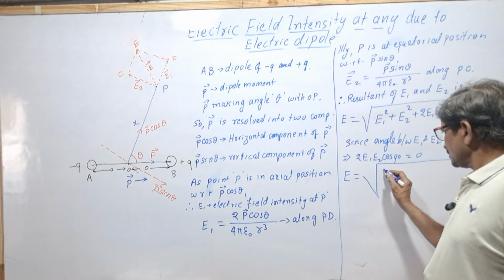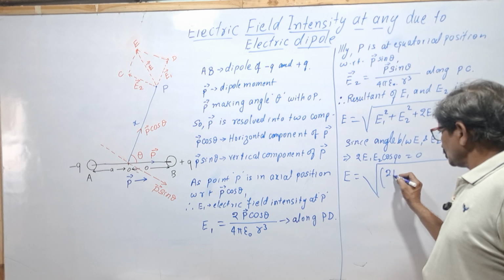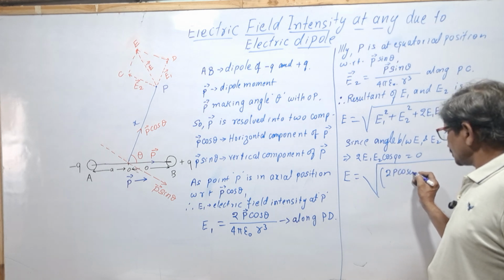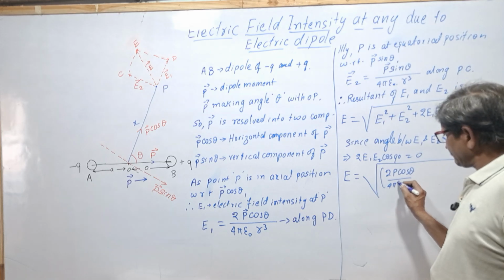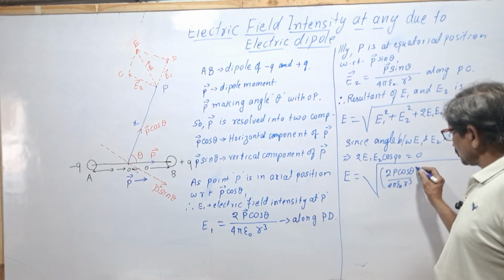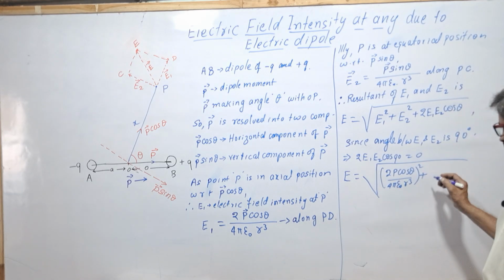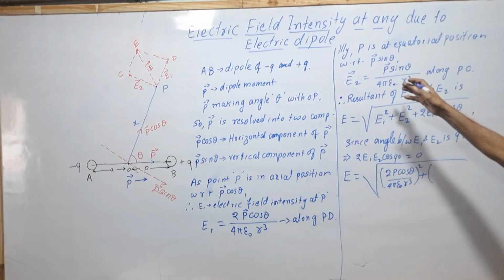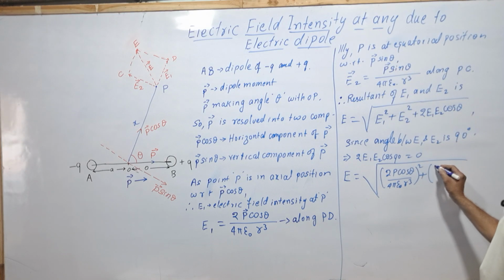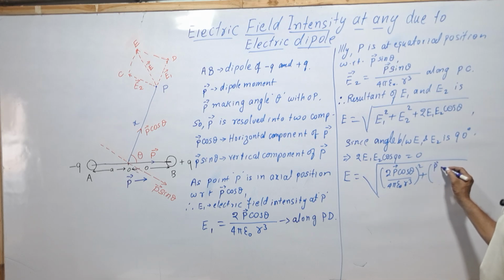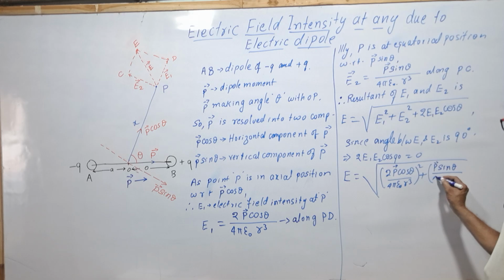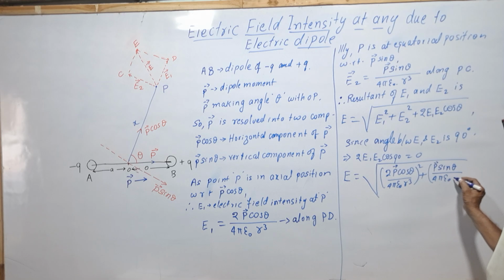E1 is (2 P cos theta divided by 4 pi epsilon naught r cube) whole squared, and the E2 value is P sin theta divided by 4 pi epsilon naught r cube.